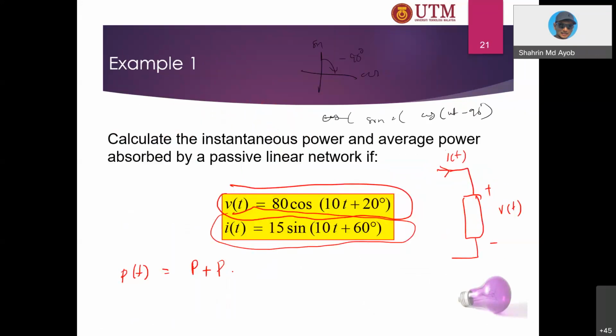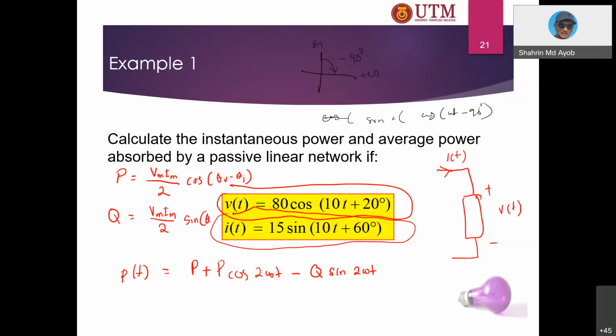Right now we need to find P and Q. P is Vm Im over 2 cos of theta V minus theta I, the angle difference between voltage and current, while Q is Vm Im over 2 sin of the angle difference between voltage and current.